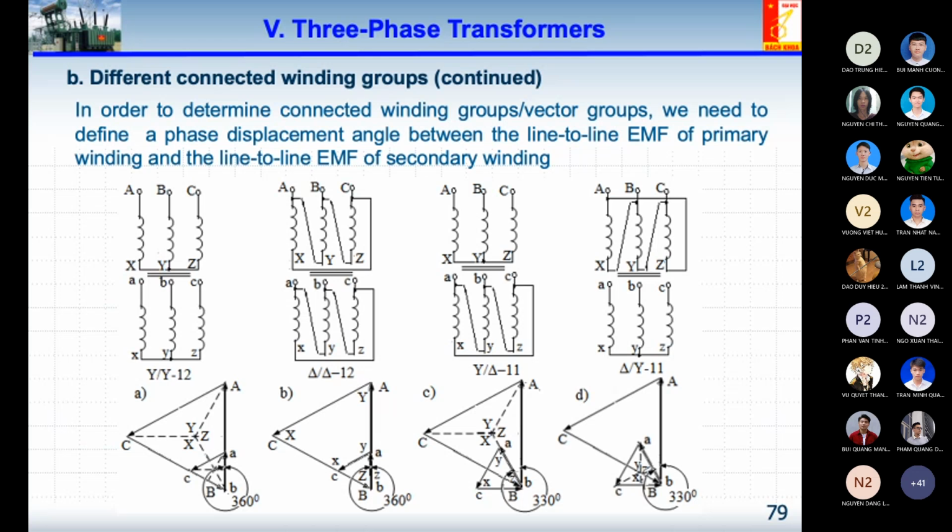Initially when you look at a figure like this, you can see it's the same type of connection, and the number here is always an even number. You can see the same type of connecting, star and star, and this number is always even.